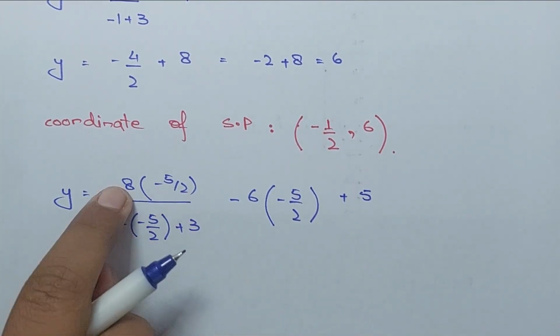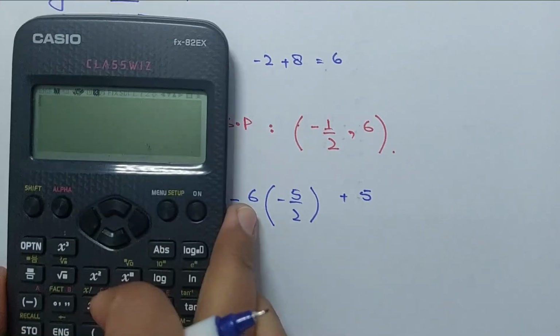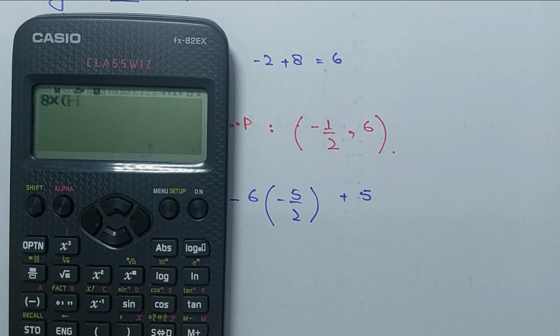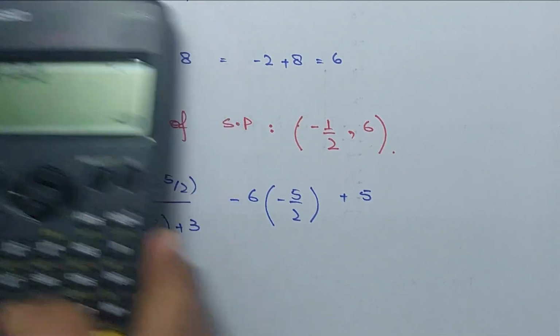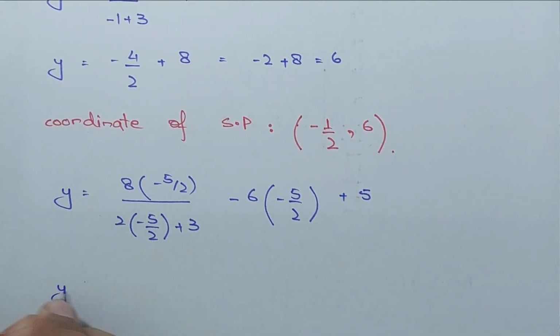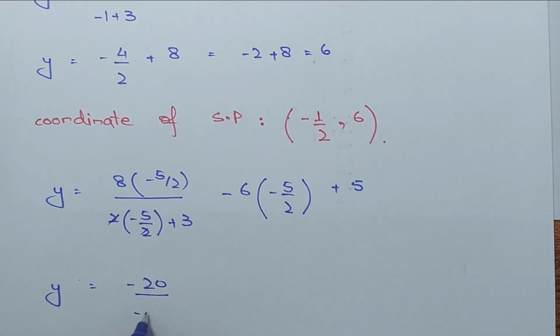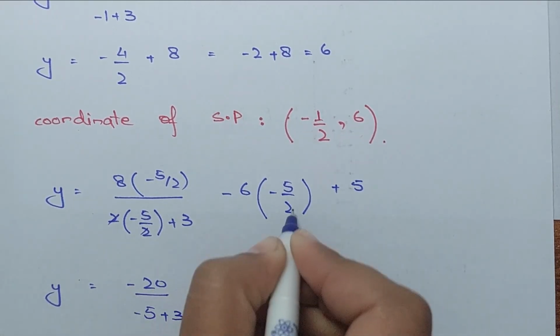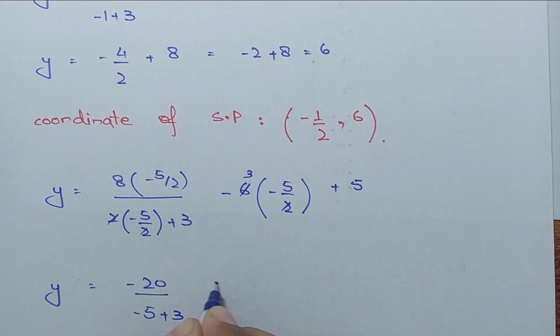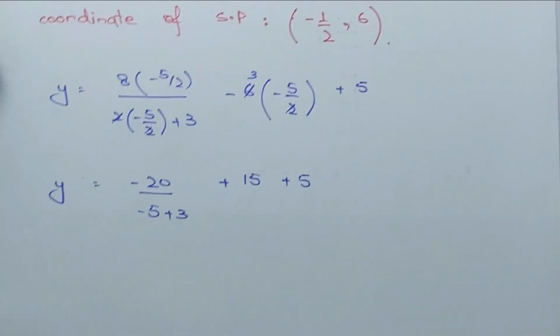Now here 2 times 1 is 2, 2 times 4 is 8, and 8 times minus 5 over 2, negative 20. y is equal to minus 20 divided by 2 is cancelled with 2, minus 5 is left plus 3. 2 times 3 is 6, minus minus plus 3 times 5 is 15 plus 5.